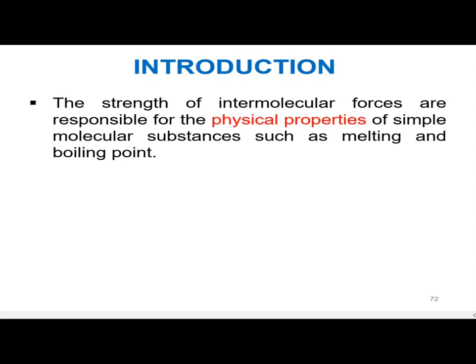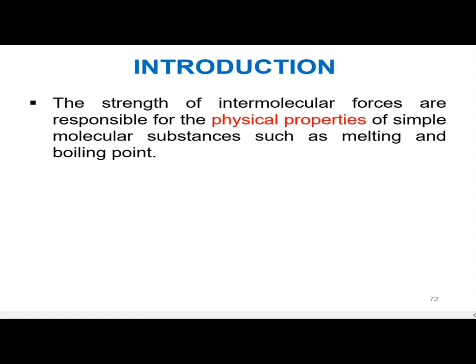For example, water molecules has a boiling point of 100 degrees C, while an alkane or hydrocarbon boils at a much lower temperature than water molecule. Why does this happen? Because water molecules and an alkane or hydrocarbon have different types of intermolecular forces.